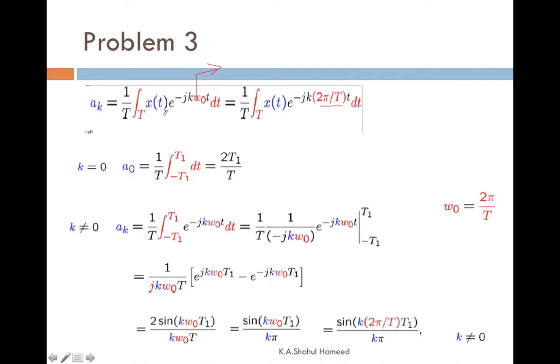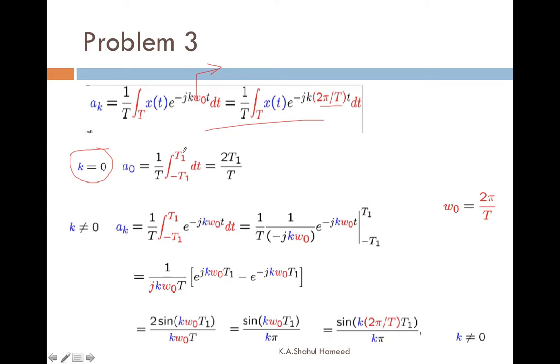Now we are going to find the Fourier series coefficients for two different cases: one is k equal to 0 and the other is k not equal to 0. When you substitute k equal to 0 in this equation, it reduces to a naught is equal to 1 by T integration over minus T1 to plus T1 dt.